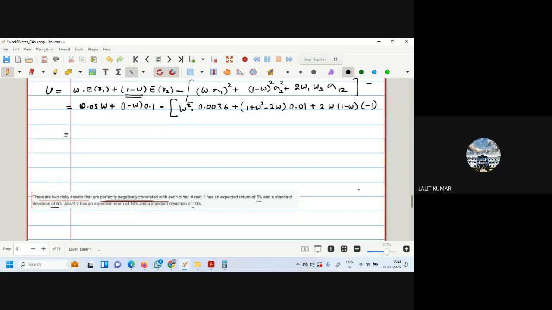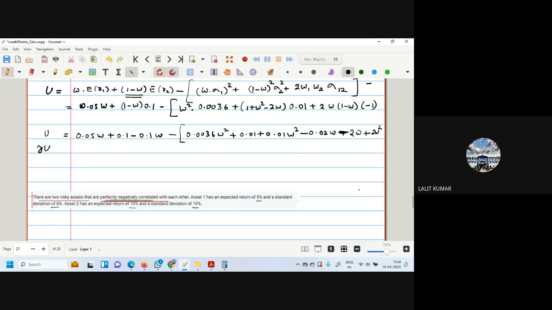So this is now 0.05 W plus 0.1 minus 0.1 W minus, now you can open this, 0.0036 W square plus 0.01 plus 0.01 W square minus 0.02 W plus, sorry, minus 2 W plus 2 W square.